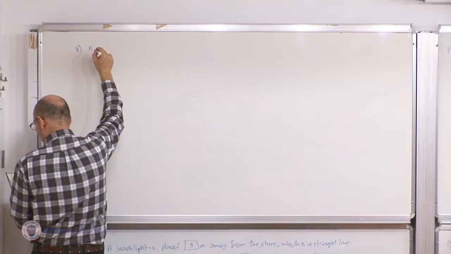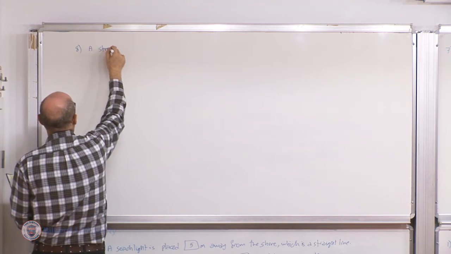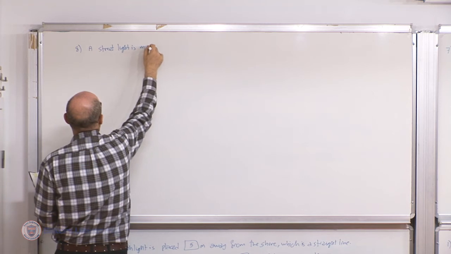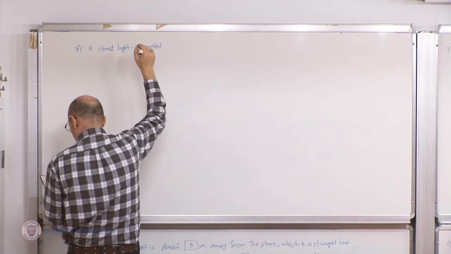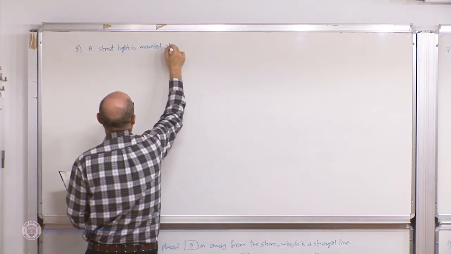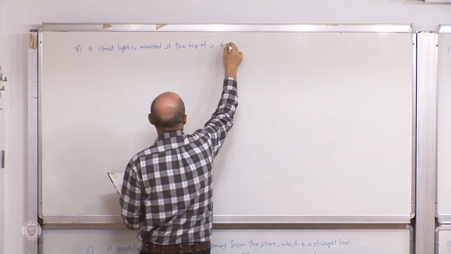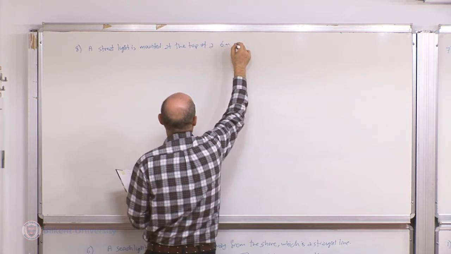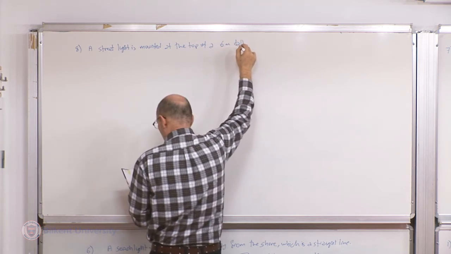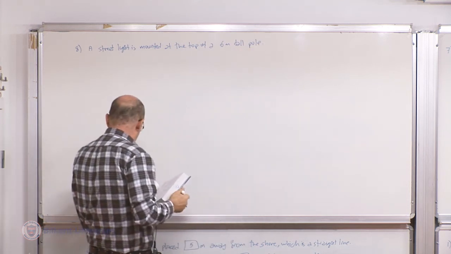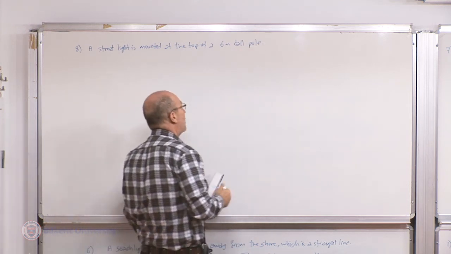A street light is mounted at the top of a 6-meter tall pole. Okay. A man 2 meters tall, a basketball player.